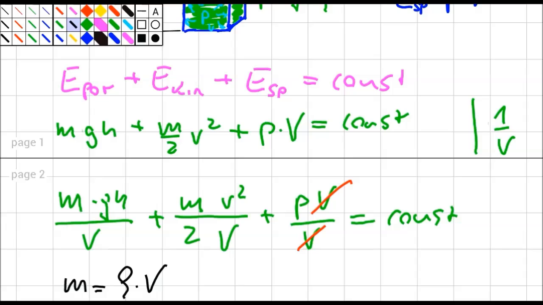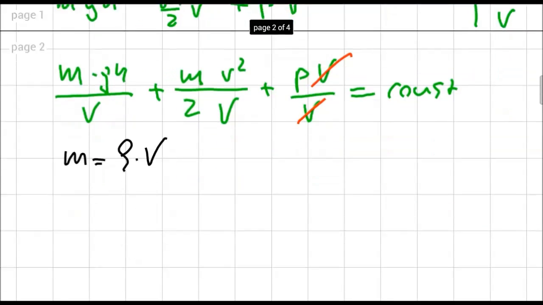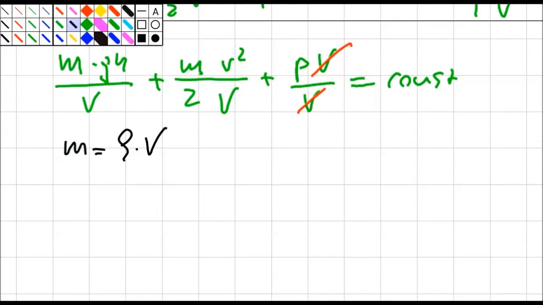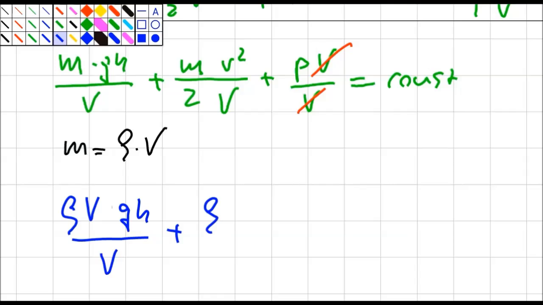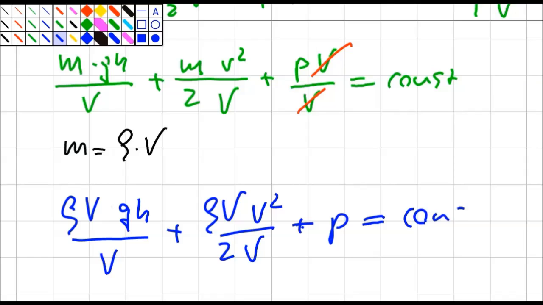Now if we apply this in this formula, it will simplify, and we have as a result m replaced by rho times volume times g and h over volume plus m again rho times volume v square over 2 volume plus pressure, that is constant.